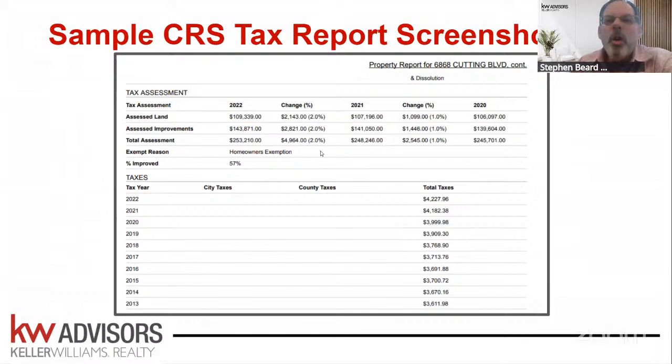What you're noticing here is the percentage change, 2% from 2021 to 2022, 1% from 2020 to 2021. Those percentages are restricted by law. The maximum the county can increase property taxes is only 2% per year. So sometimes we do see percentages higher than that.